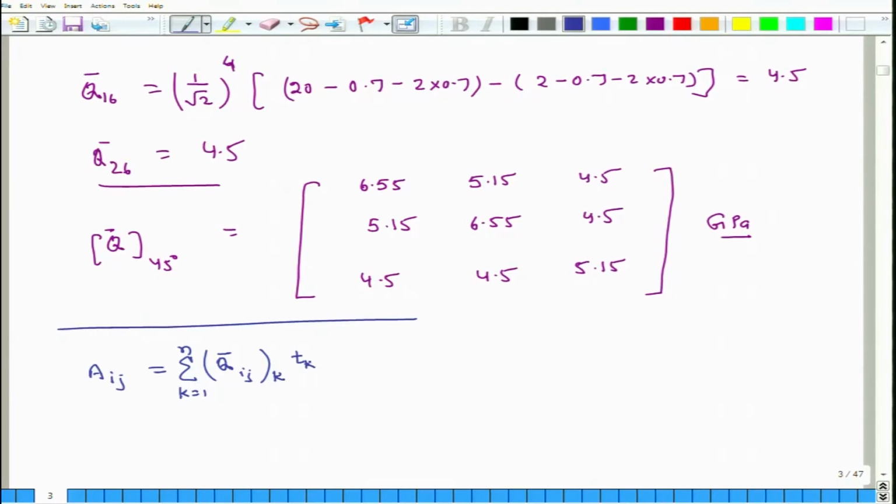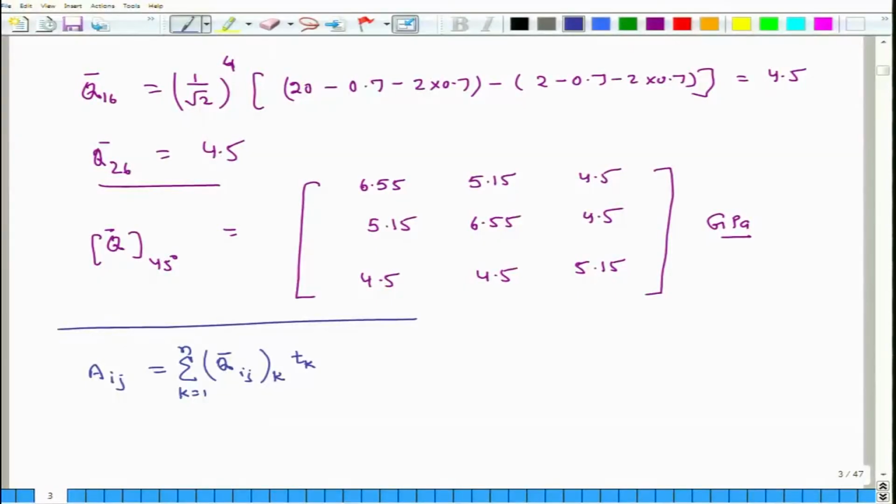It is actually hk minus hk minus 1, which is the thickness of the kth layer. Now, there are only two layers here. So, this is Q ij for the 0 degree layer times its thickness of 5 millimeters plus 3 times Q bar ij for the 45 degree layer.